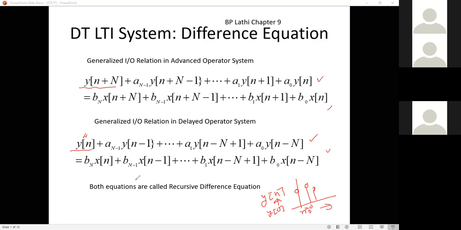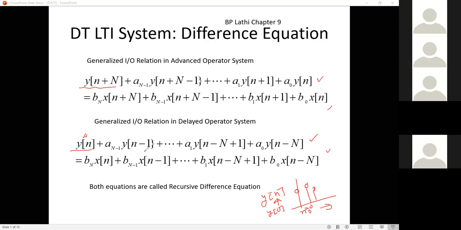Here you need some values from your previous state. For example, for n equal to 0, you will need y[-1]. Similarly, in the next step, you will need y[-2], etc.